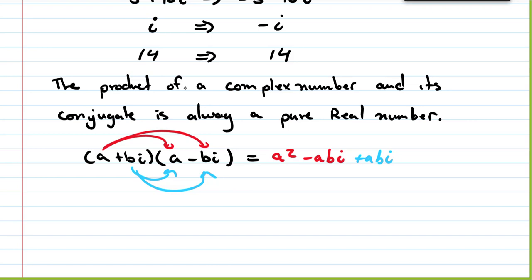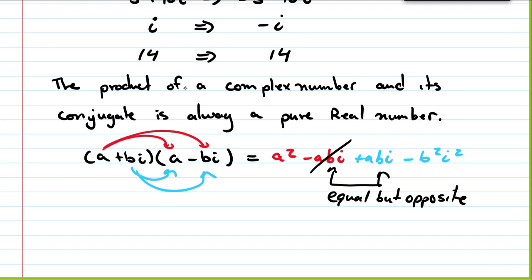And then bi times negative bi gives us negative b squared i squared. And something interesting happens. So these two are equal but opposite, so they add to 0. They reduce out.